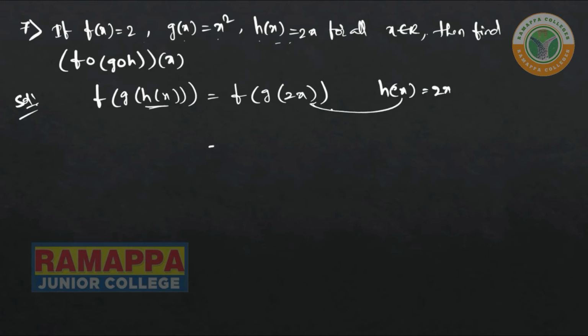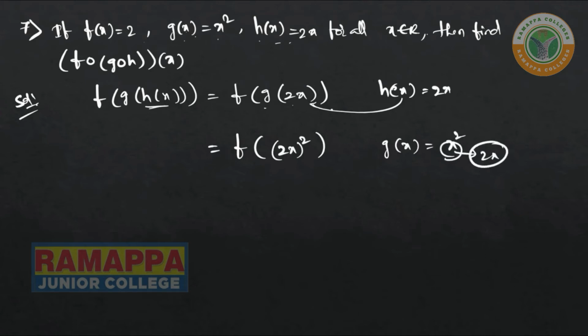Okay. Now g of x is x square, so f of g of x is equal to how much here? In this place of x square I will write 2x square, meaning in the place of x, I am writing 2x, where this 2x is the h of x value. Now it will become f of 4x square.